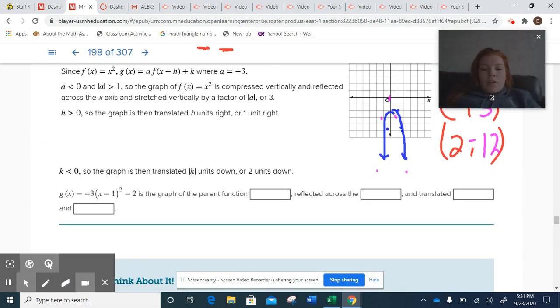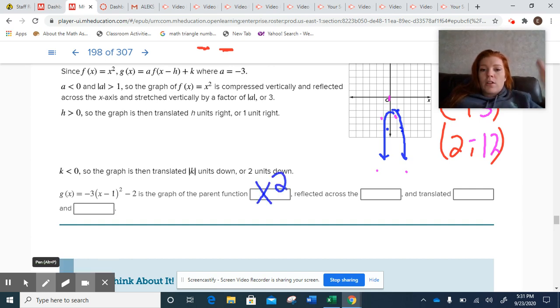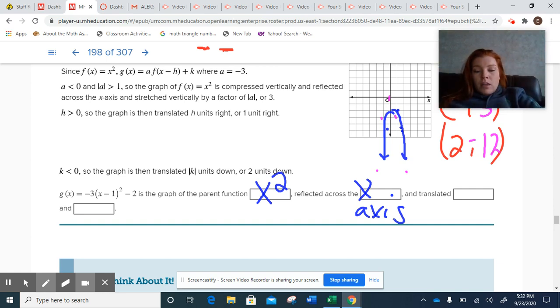Okay. So let's describe what's happening here. It says the graph of the parent function. Wait, g of x is the graph of the parent function, x squared. X squared is the original. We are reflecting across the x-axis and translated down 2 and left 1.